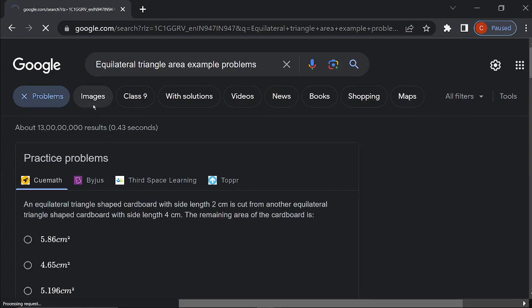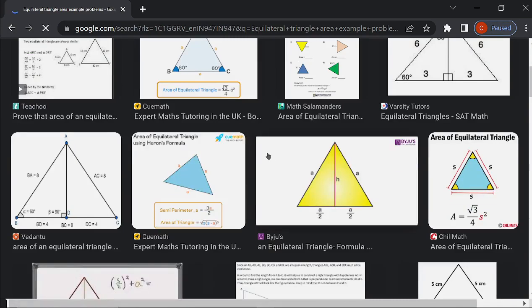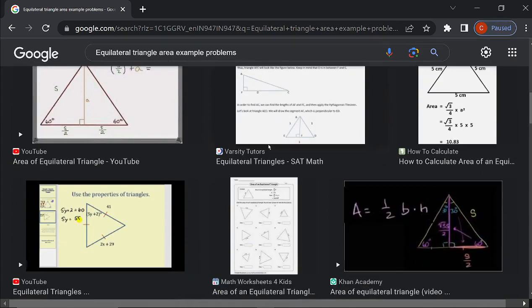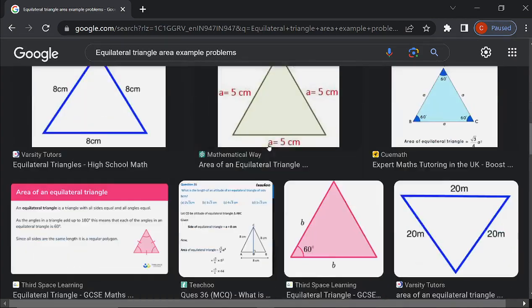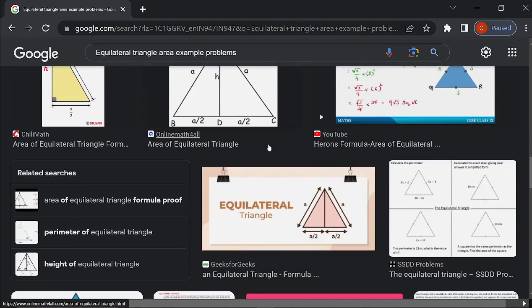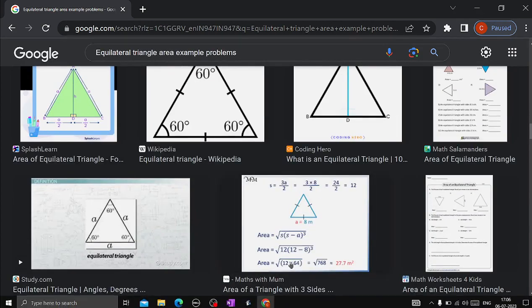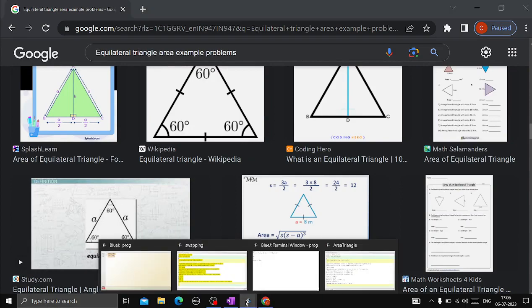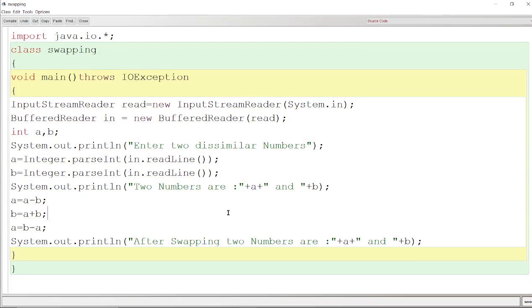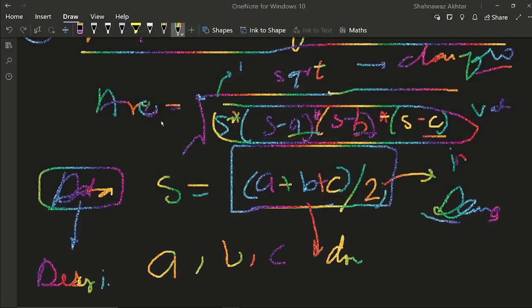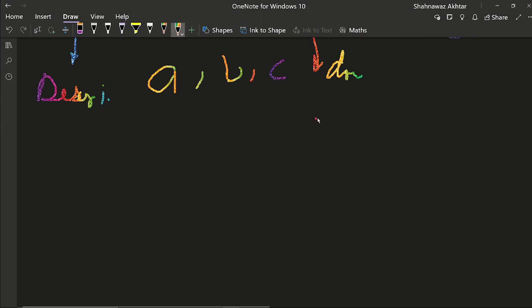Why am I not getting some values? I am supposed to get some values. See, I think that I'm making a mistake. Where am I making a mistake? Oh, all right.